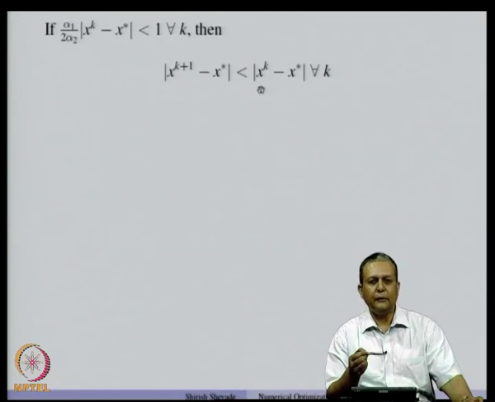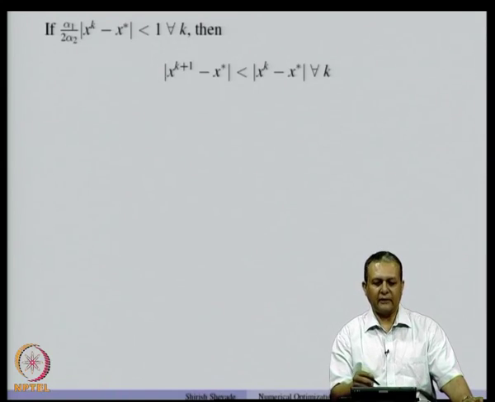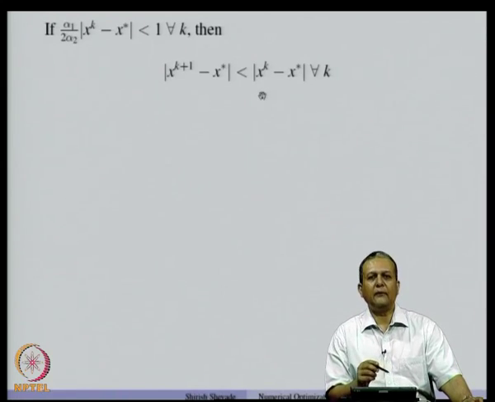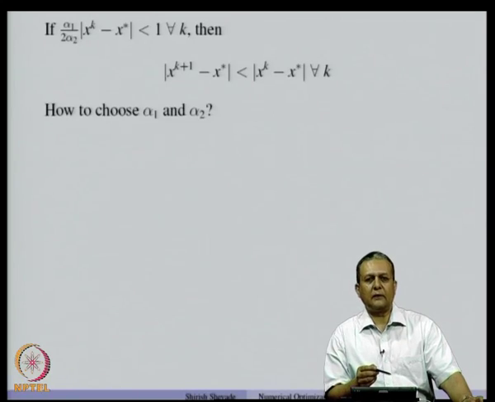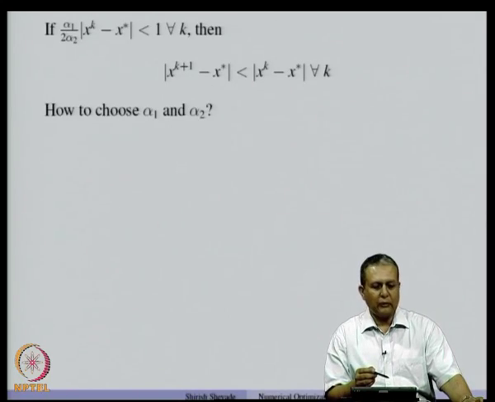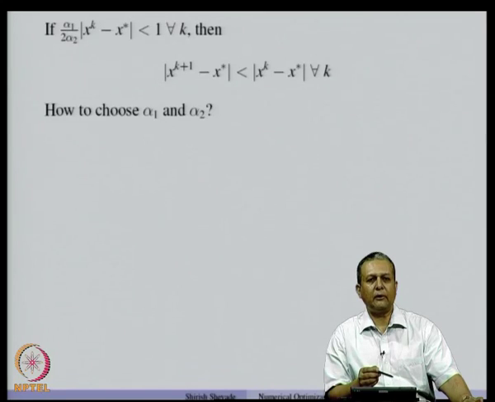That means the new point is closer to x star than the current point x_k, and if this happens for every k, then certainly we would converge to x star.